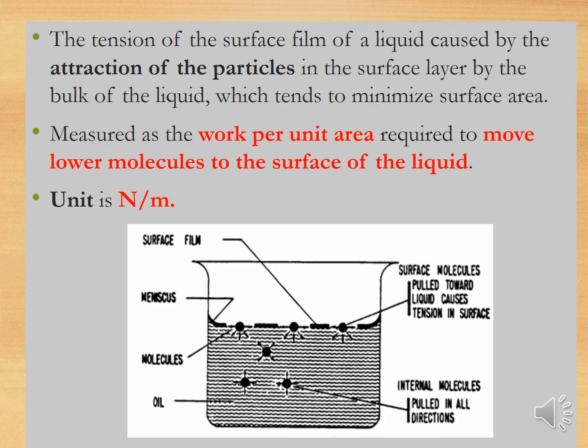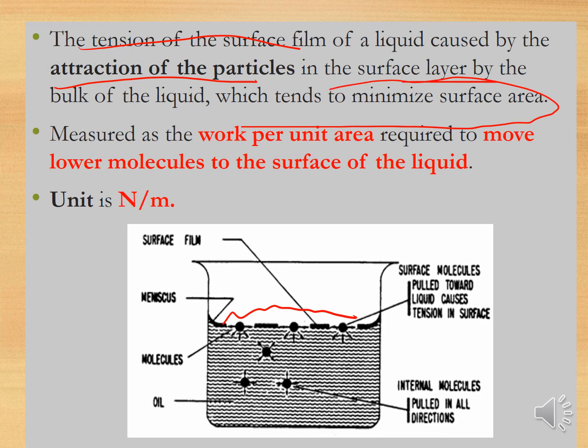So as I mentioned just now, the surface tension which exists on the film surface of the liquid is actually caused by the attraction force of the particles. Basically, the particles tend to minimize their surface area by using the attraction force between the particles, which makes the surface tension exist.